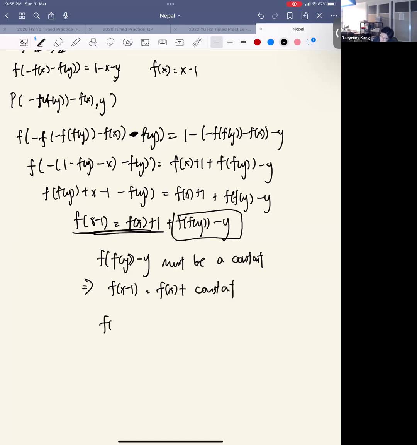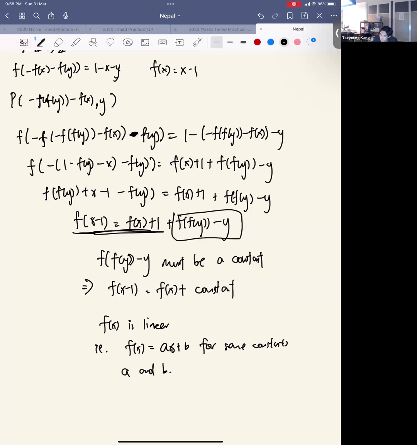Which means that f(x) is linear, i.e. f(x) equals ax plus b for some constants a and b.